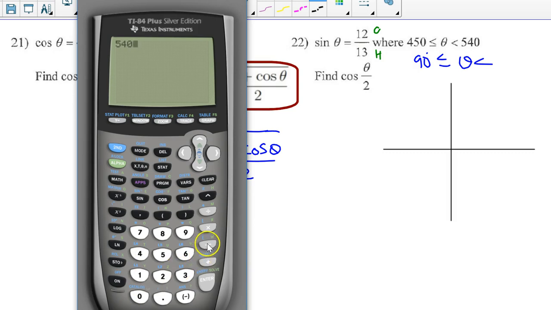Let me go back to this also just to make sure. 450 minus 360 is 90. So that is 90 I wrote here, and 540 minus 360 is 180.